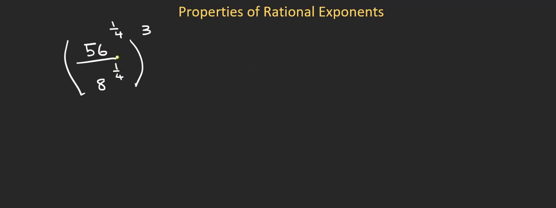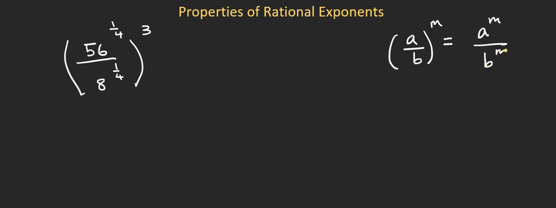For this example, recall that quantity a over b to the power of m is the same thing as a to the m over b to the m. Well, they're going the other direction.